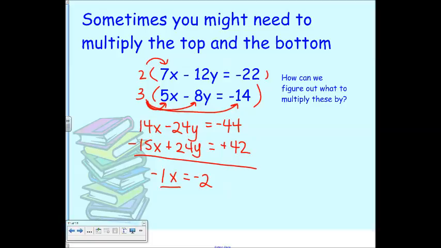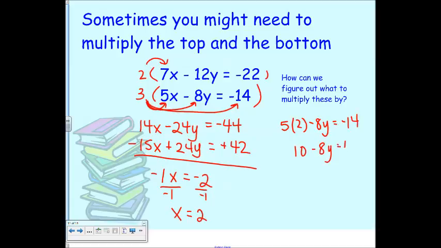All right, so I'm going to go back and plug that in, and I'm going to plug it into the second equation because I like 5s better than 7s. So 5 times 2 minus 8y equals negative 14. What's 5 times 2? 10 minus 8y equals negative 14, minus 10, minus 10.